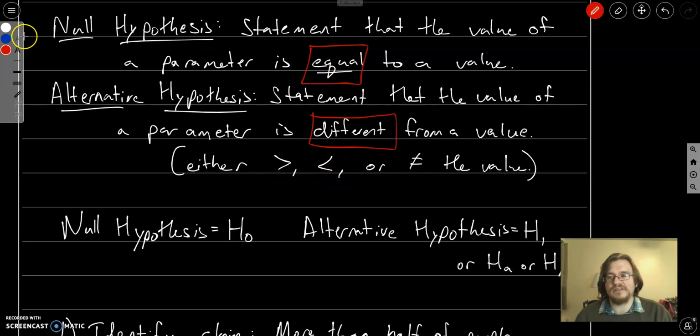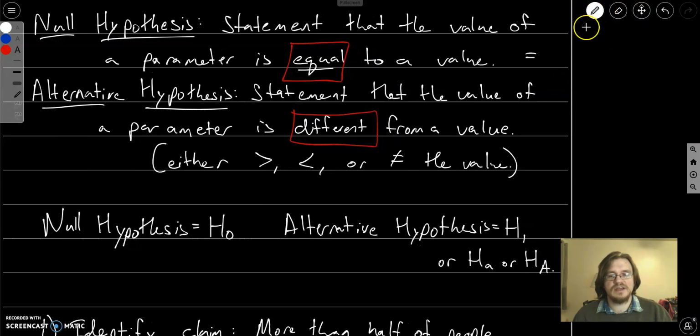Whereas a null hypothesis will always include the equals sign. So this is all the differences. And then we can give these names. The null hypothesis is always written H sub 0, as in H naught is how you'd read this. The alternative hypothesis is usually written H sub 1, as in H1.